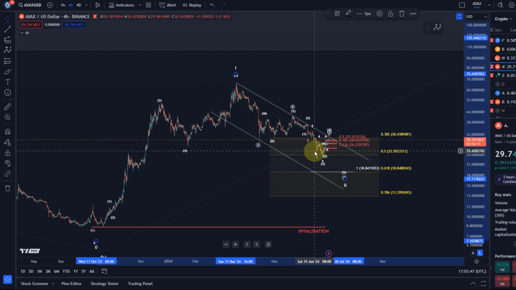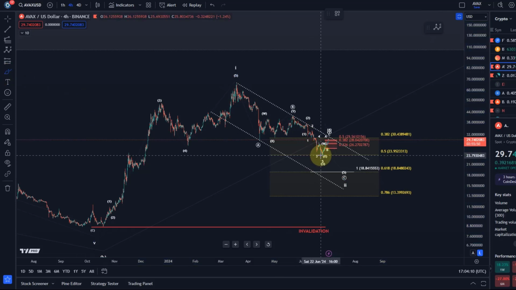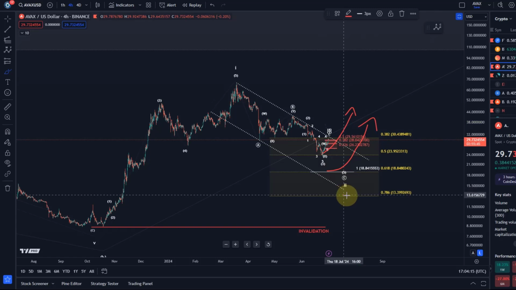But because the price reacted so nicely to the 50% retracement, one of these relevant Fibonacci levels in the main support zone, I leave it like that. These Fibonacci levels, $13.39, $18.84, and $23.95, are here to provide support for the price and possibly lead to a reversal, either from here or from here.